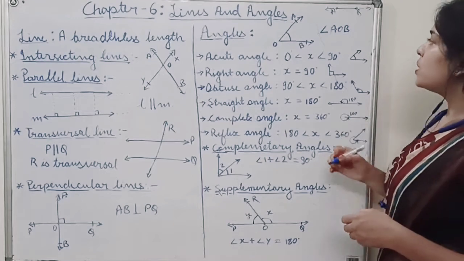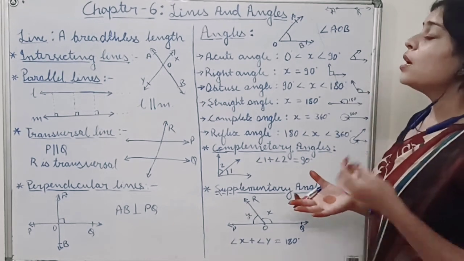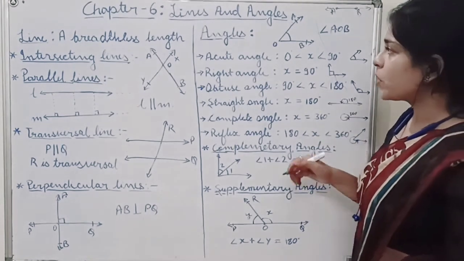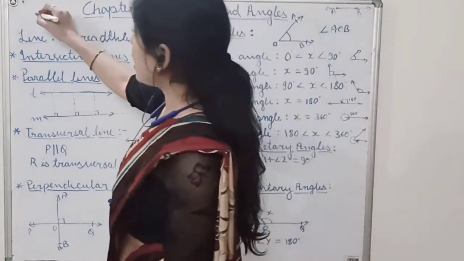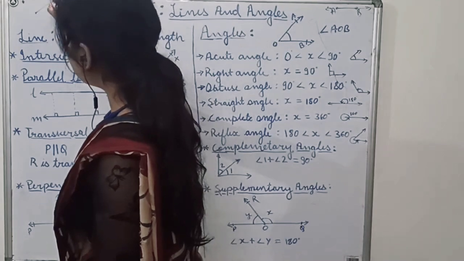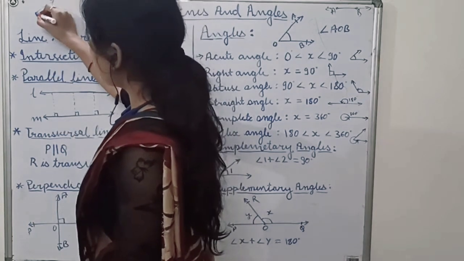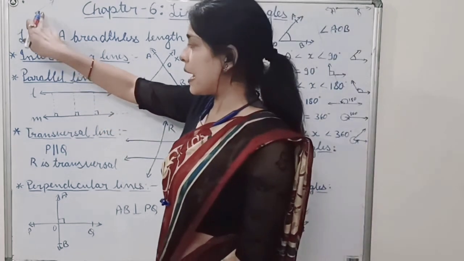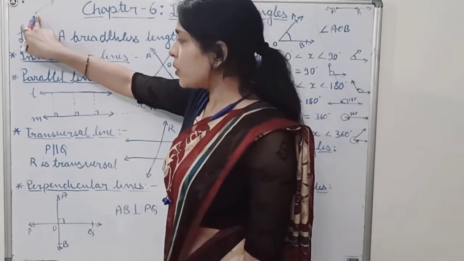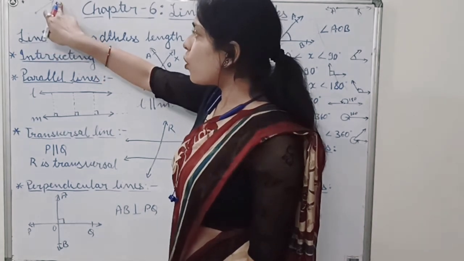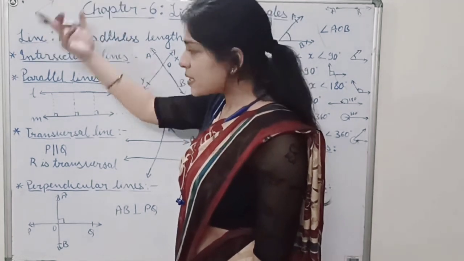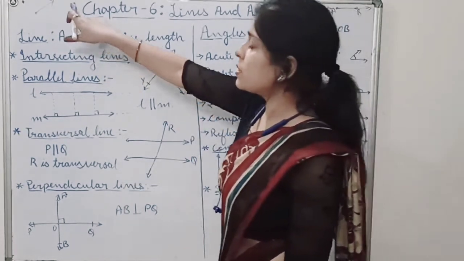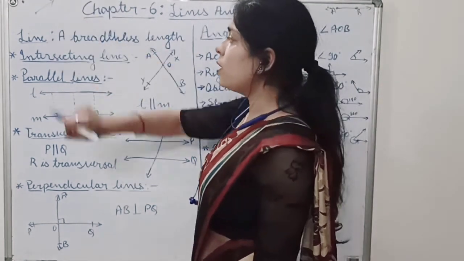And the other thing along with a line which we should know is a ray. What are rays? If we have a line which is terminated at one end, or which has an end point on one side, and on the other side it is extending, never ending, infinite, we can produce it till infinity, then it is called a ray.